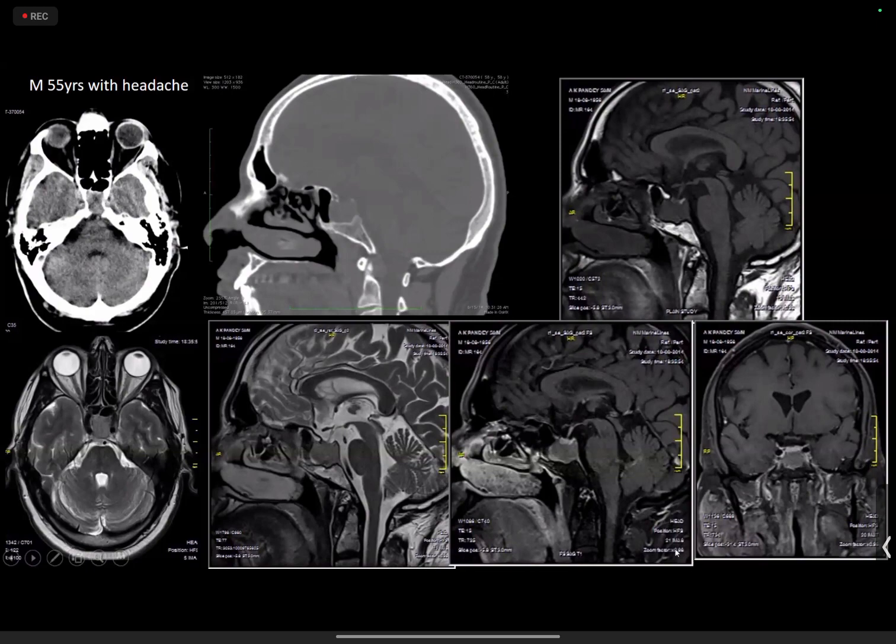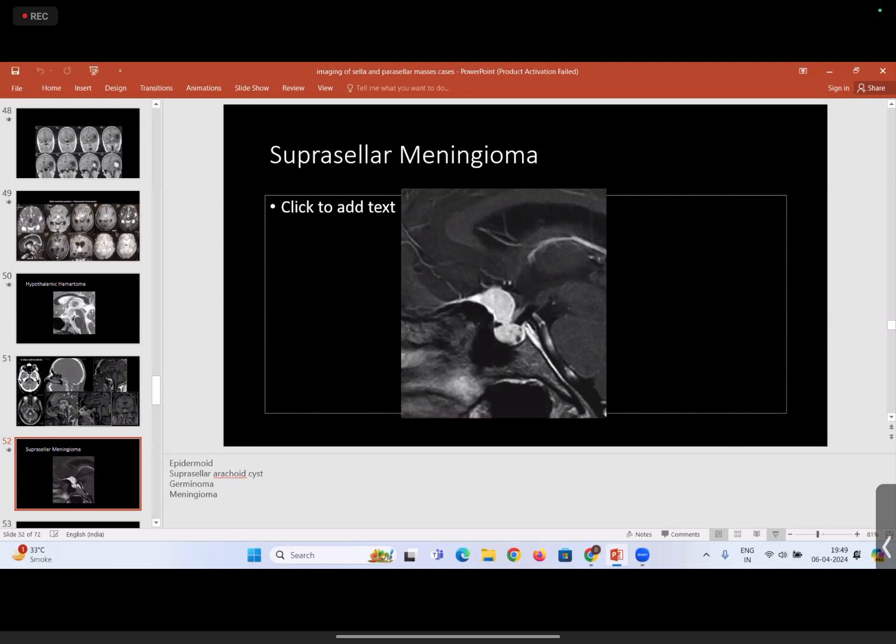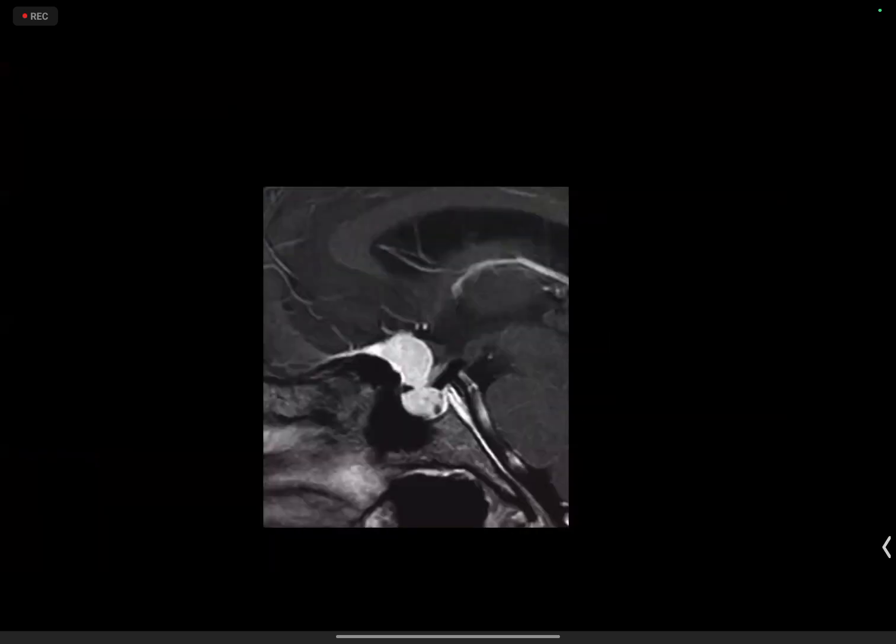Going to the next case. So here is another patient. And this is the T1 post-contrast sagittal section, which shows a sellar and suprasellar avidly enhancing lesion, which is seen extending along the dura of the planum sphenoidale.